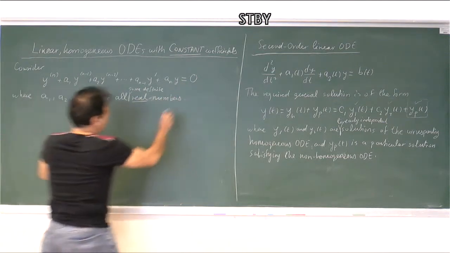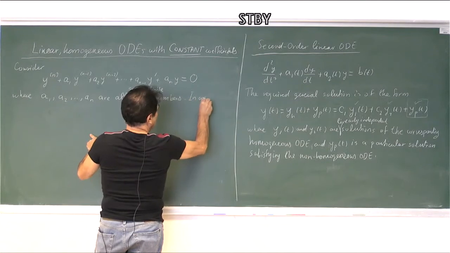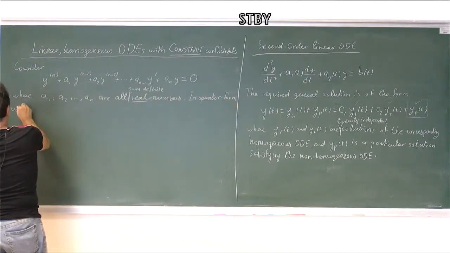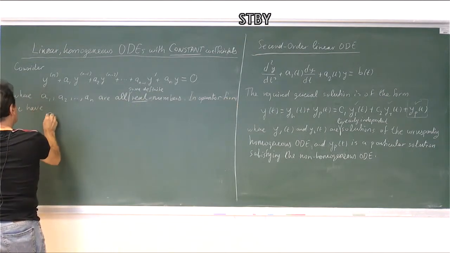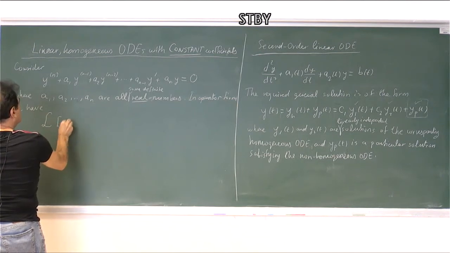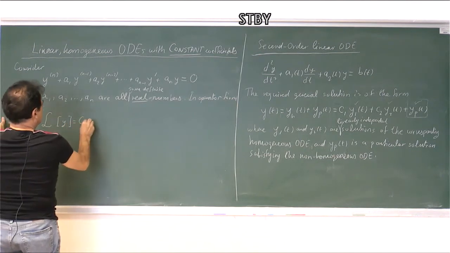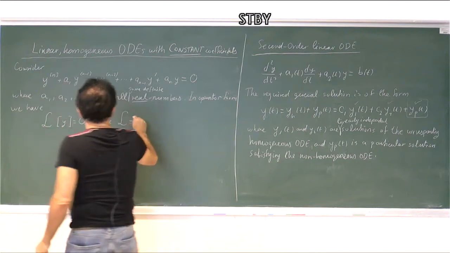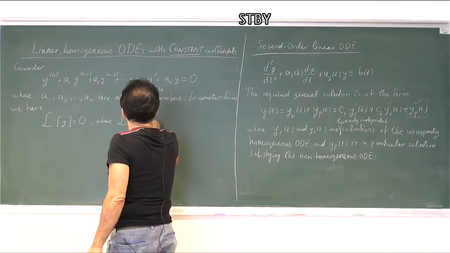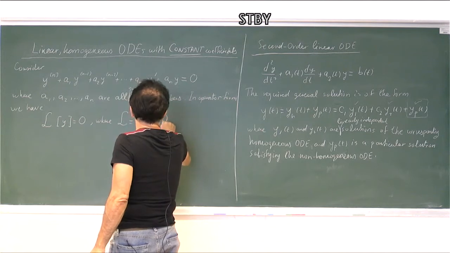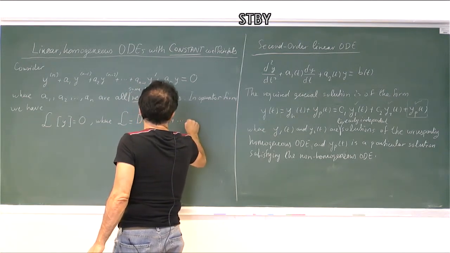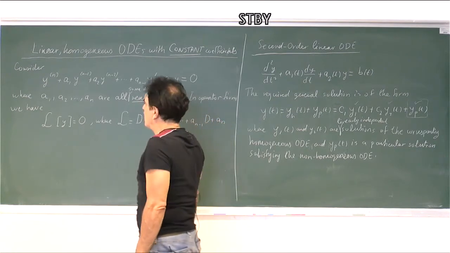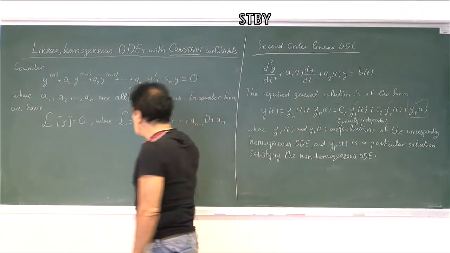So in operator form, we have this equation, Ly equal to 0, where L is D^n plus a1 D^(n-1) plus ... plus a_(n-1) D plus a_n.